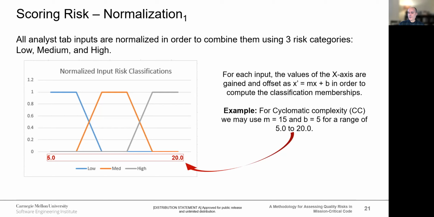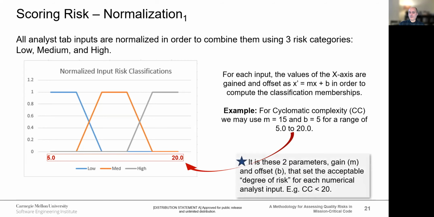In this case, for scoring cyclomatic complexity, we might choose a gain of 15 and an offset of 5 to transform the membership functions range from 5 to 20. So for each analyst question, CREW specifies a gain and offset to set the risk thresholds in this way.